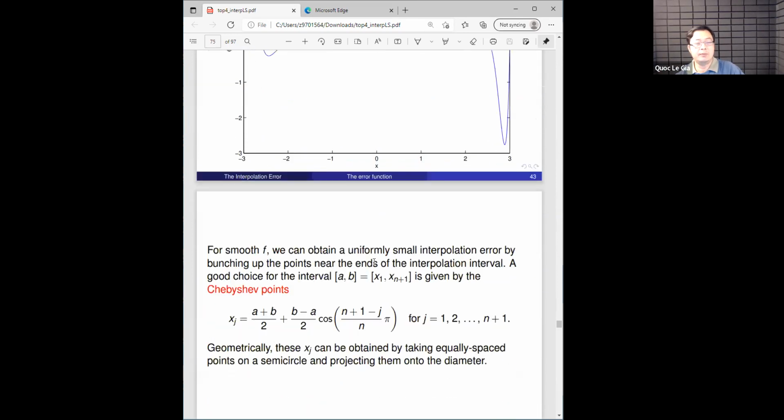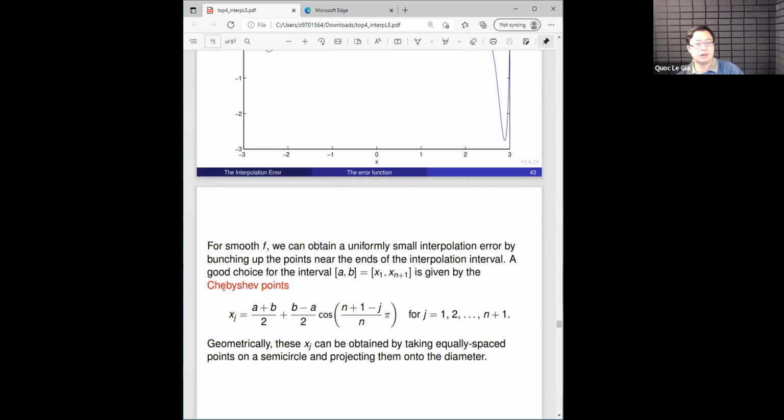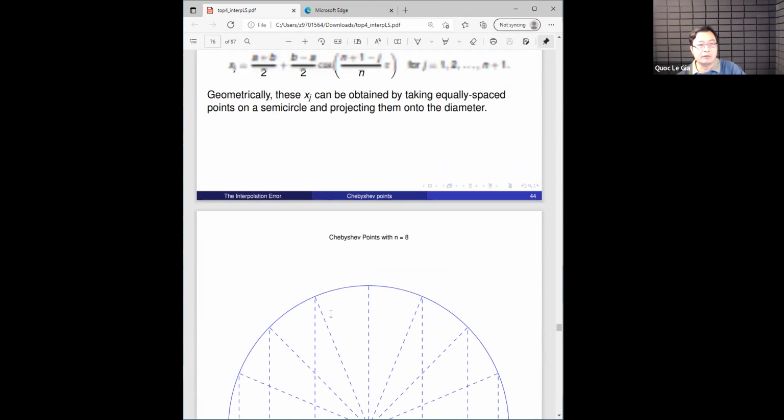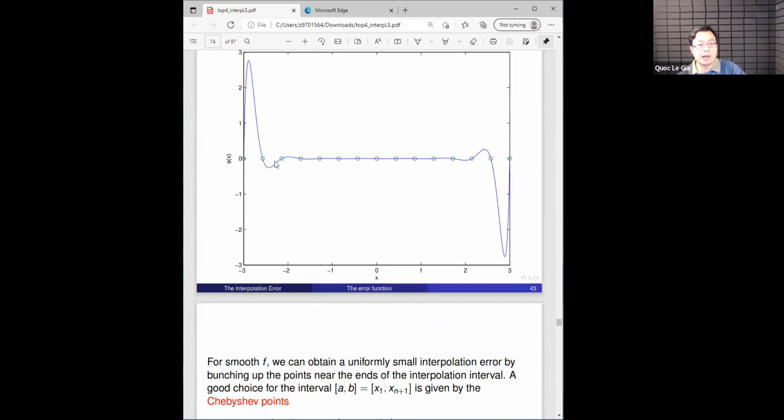Okay. So Chebyshev, I think he's a Russian mathematician in the 19th century. He solved the problem by putting more points at the ends. And the way he did it is he just plotted a circle, not a circle, but a semicircle. Remember, before, you divide the interval into equally spaced points.